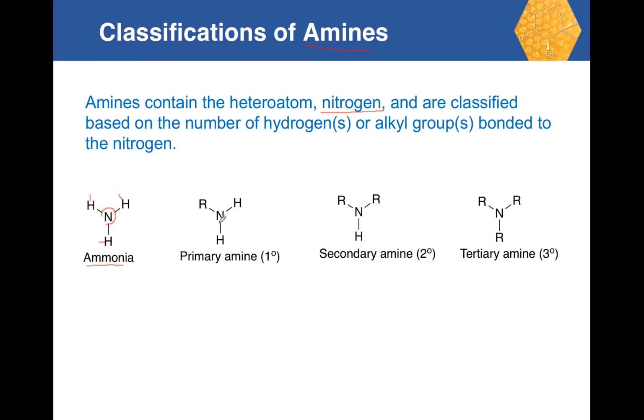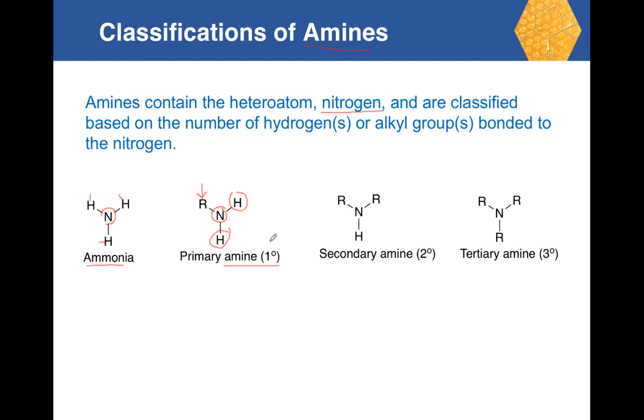Here's another type of amine. The nitrogen is here, but notice it now has 1, 2 hydrogens, and 1 carbon alkyl group. Since it has just 1 carbon alkyl group, it is classified as a primary amine.